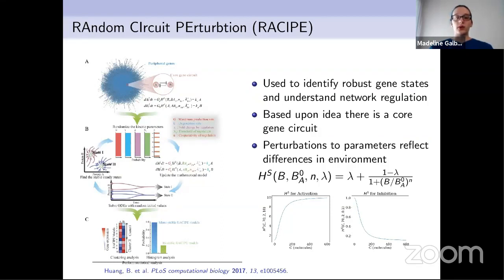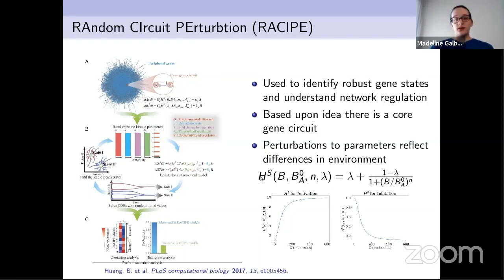And so on the left side here is a depiction of how RACIPE works. So you start with your mathematical model in which you have some sort of production rate G multiplied by your transcriptional regulation, which we use a shifted Hill function.